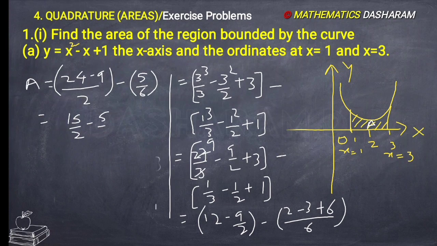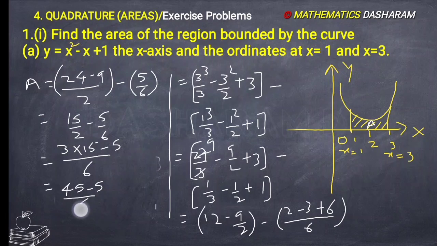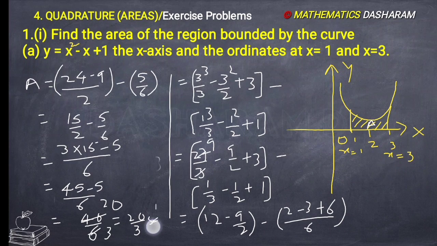So now the LCM of 2 comma 6 is 6. 3 into 15 is 45, minus 5, divided by 6. It equals 45 minus 5, 40 by 6. Now 2 20s are 40, 2 3s are 6, so 20 by 3 square units, because it is an area.